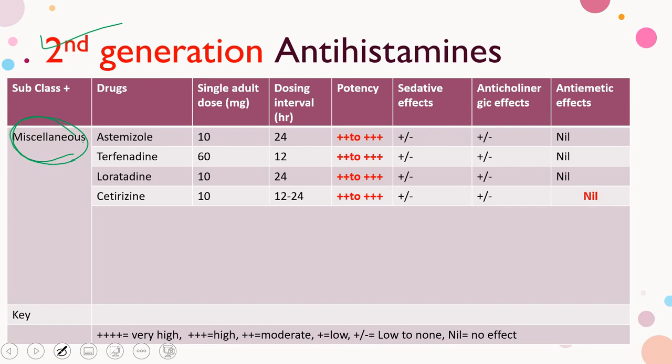That is why it is placed under the subclass miscellaneous. And astemizole, terfenadine, loratadine, cetirizine, these are the drugs. But remember, they have almost the same potency, but they have a long half-life, so their dosing interval is usually once a day or twice a day.